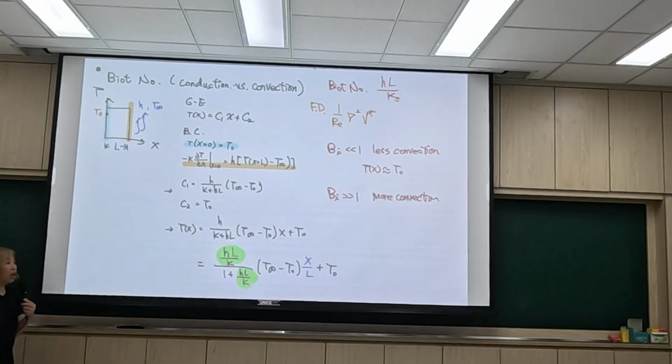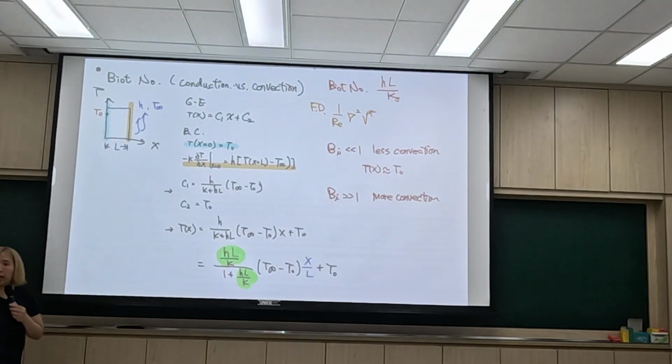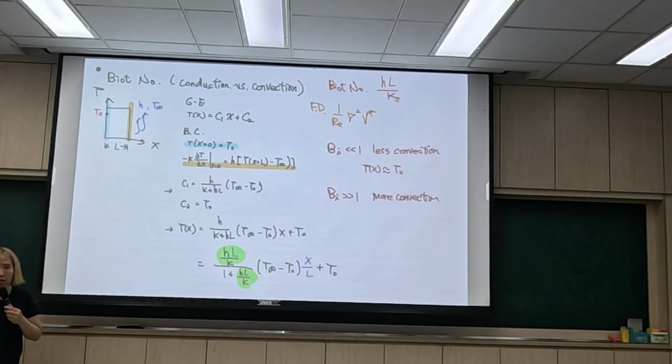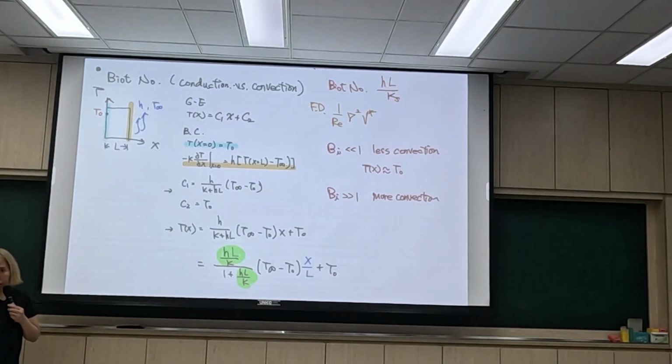Which means the convection doesn't really have the ability to get rid of the heat, like on the right hand side, the orange part.